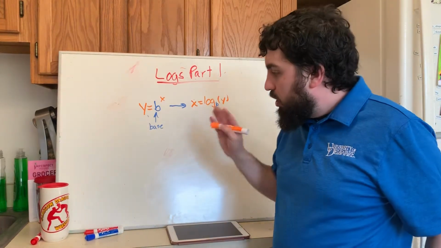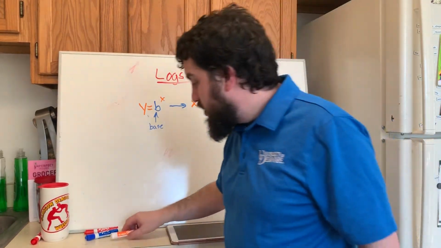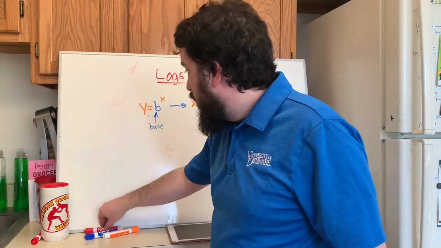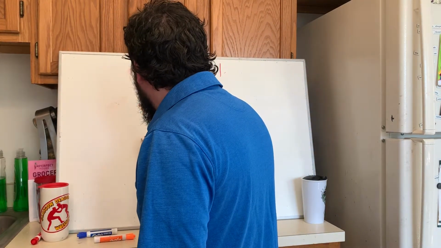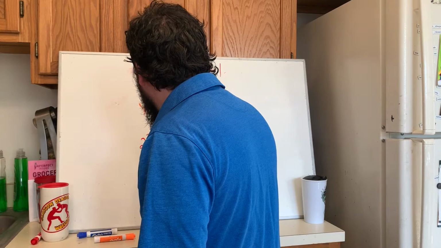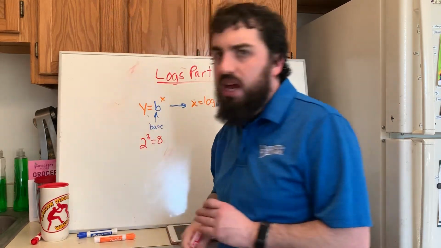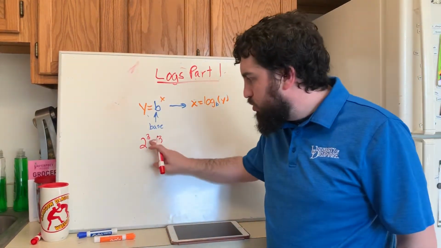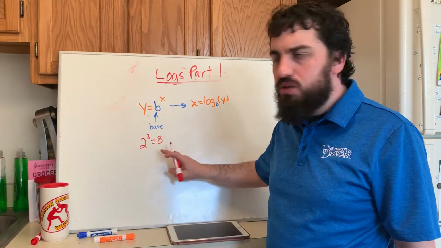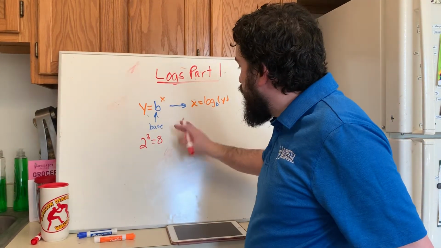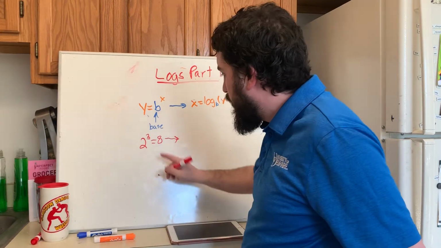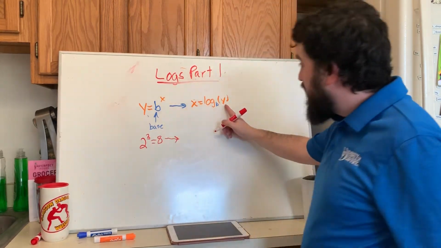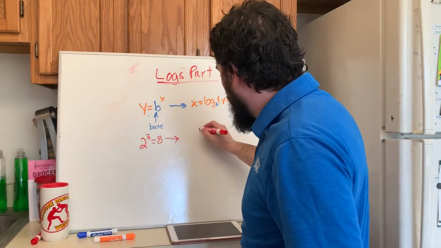So let's look at this with a very simple example. I could say 2 cubed is equal to 8. So 2 to the third power gives me 8. When I go into this new form, the exponent is now the number inside the log.